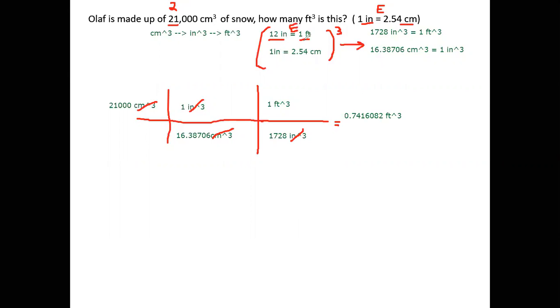So our answer should be rounded to two significant figures. So 1, 2, after the 4 is a 1, so we just put 0.74. So that's how many feet cubed is 21,000 centimeters cubed.